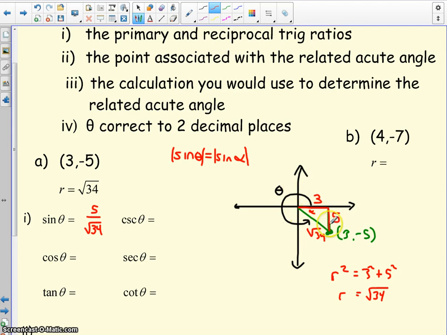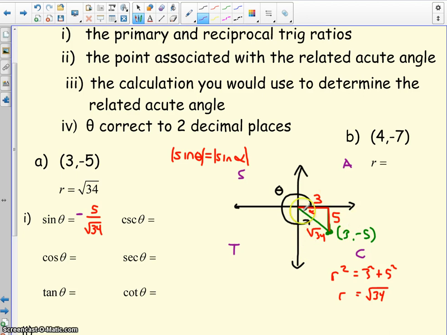My angle is now in quadrant 4. So is sine going to be positive or negative in there? Let's take a look at my CAST rule here. C-A-S-T. My angle is in quadrant 4, where cosine is positive. And if cosine is positive, the other ones are negative. So sine theta will be equal to -5 over root 34.